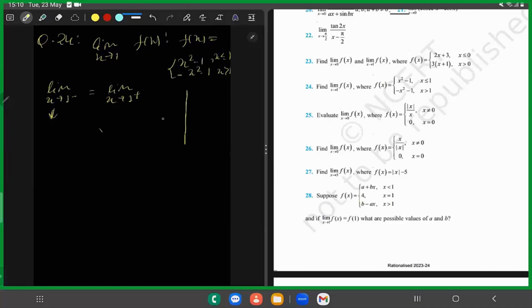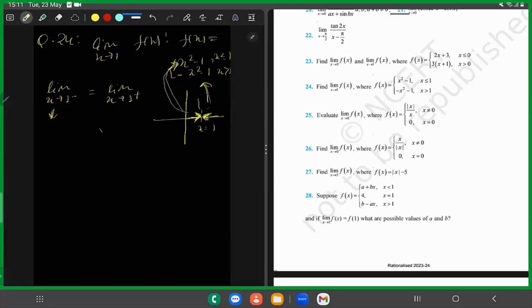Let's say this is some graph and this is x equal to 1. Basically x is coming from this side, so this is x is 1 minus, and this side is x is 1 plus. For this range we'll be taking this function, and for this range we'll be taking this function. So this is what we mean by the implicit definition of the function.